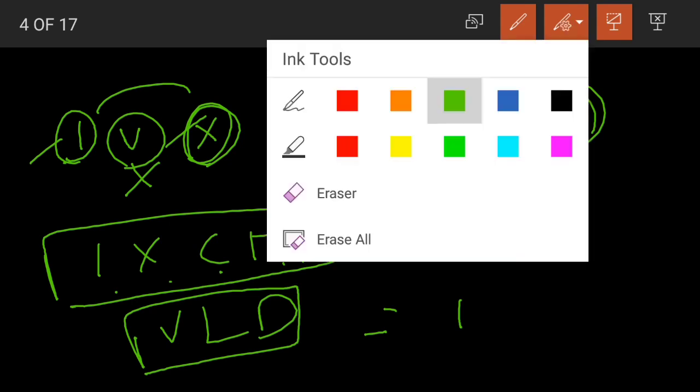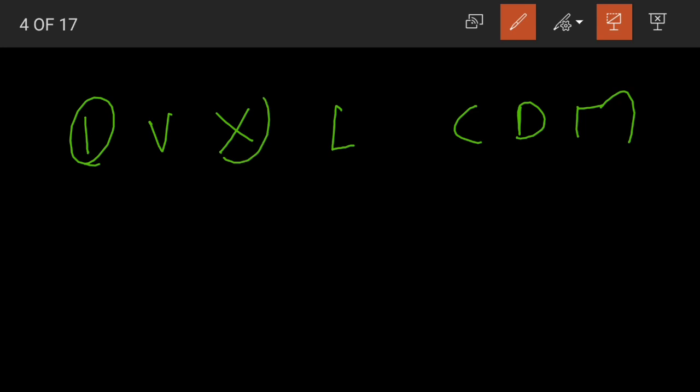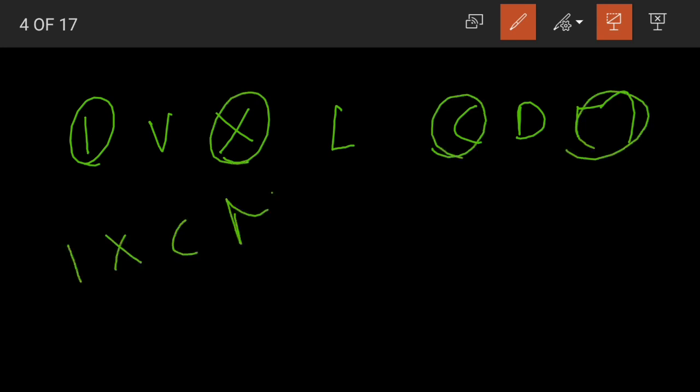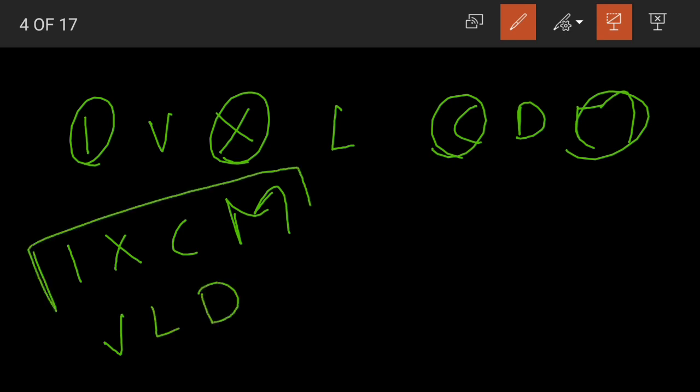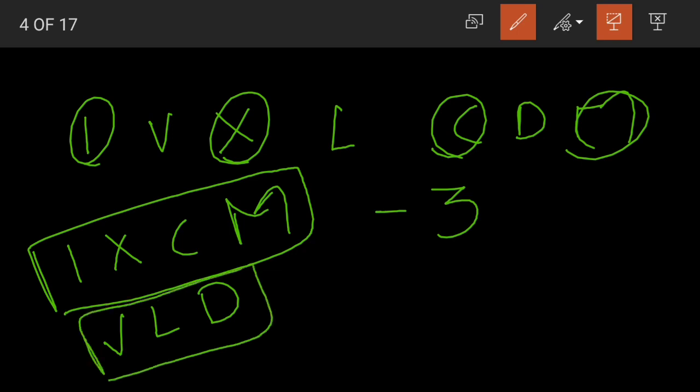We wrote the whole Roman numerals I, V, X, L, C, D, M. Then we took out the alternating symbols. We got I, X, C, M and V, L, D. I, X, C, M are more in number, so these can be repeated 3 times. V, L, D are less in number, so they can be used only once.